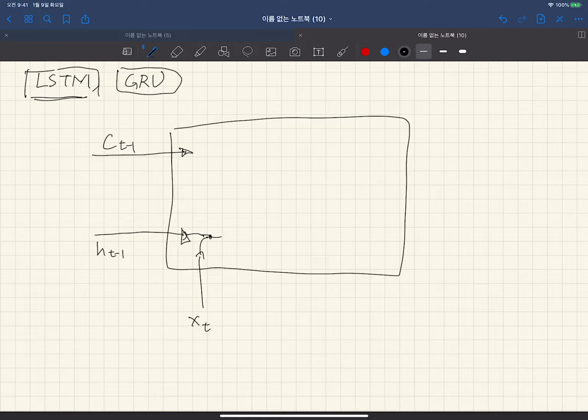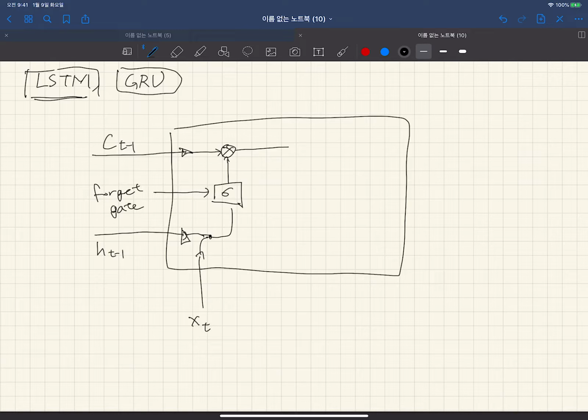And then we control the first gate, called the forget gate. The name of the first gate is the forget gate. It controls how much of the previous cell state information can go through this LSTM unit.